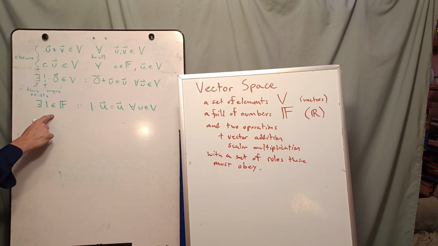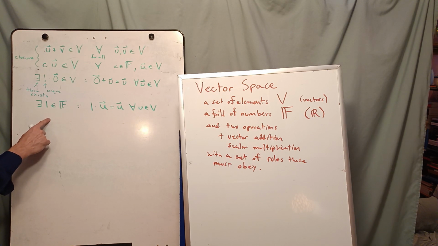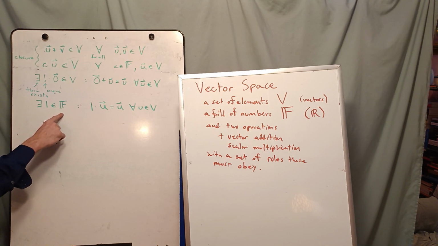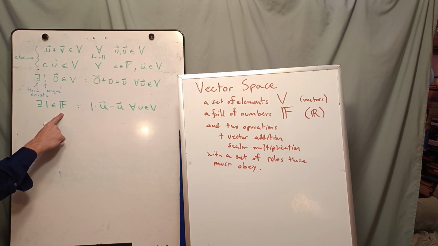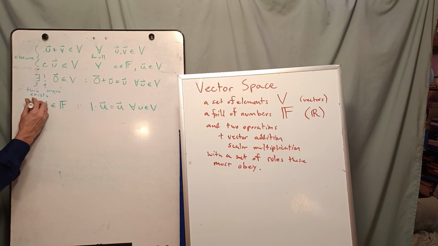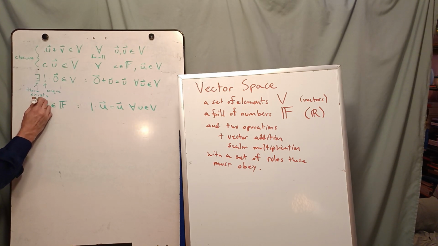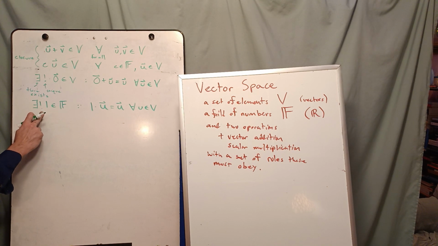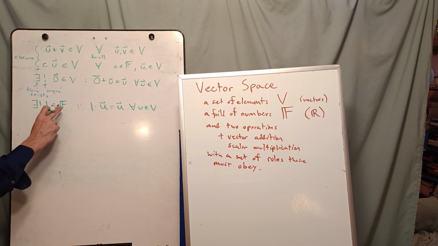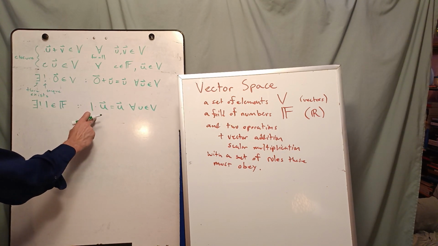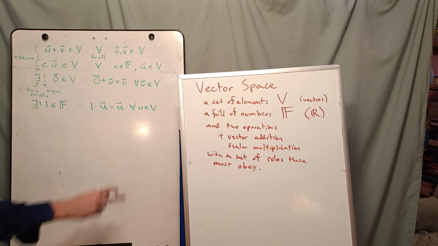Similarly, there's an identity in the field such that, and I believe we could say that this is a unique identity, although I'm not terribly sure about that, so don't hold me to that one, that there's a unique element, the one element, whose scalar product with a vector is itself.